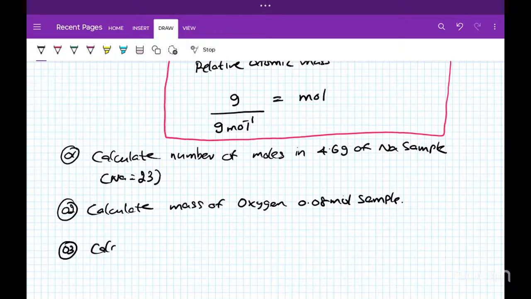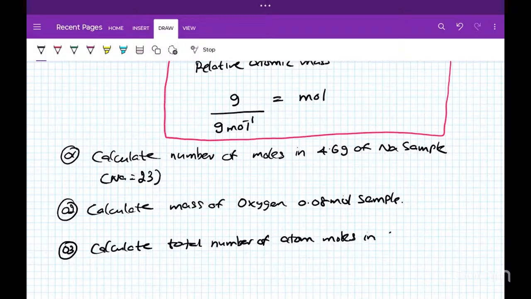Number 3: calculate the total number of atom moles in 0.18 grams of C6H12O6 sample.